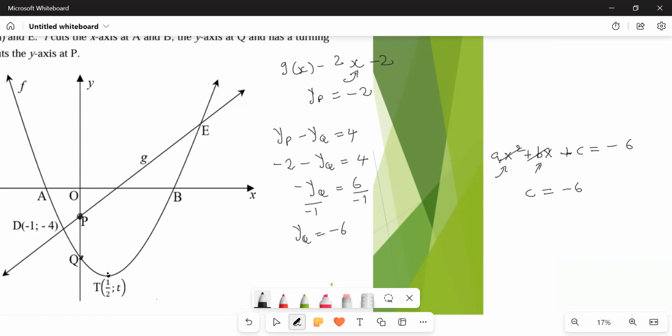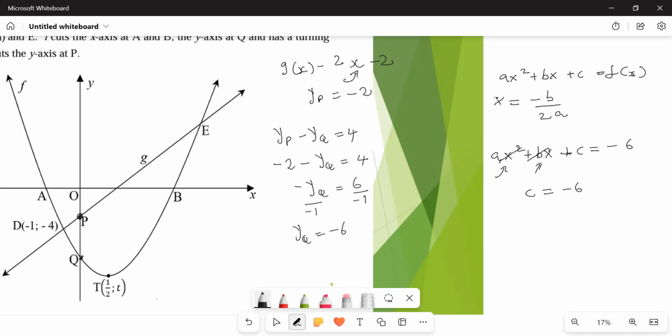Check the turning point T. For ax squared plus bx plus c, which is f of x, if I want to find the x coordinate of the turning point, I say x coordinate of turning point is minus b over 2a. That is the formula. The x coordinate of the turning point is 1 over 2.